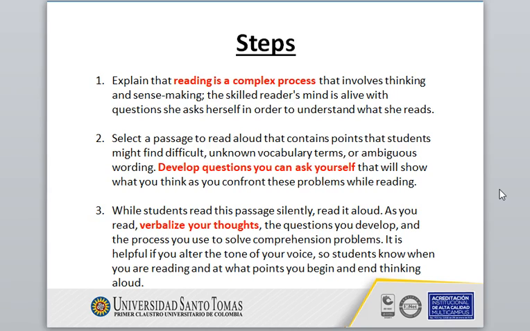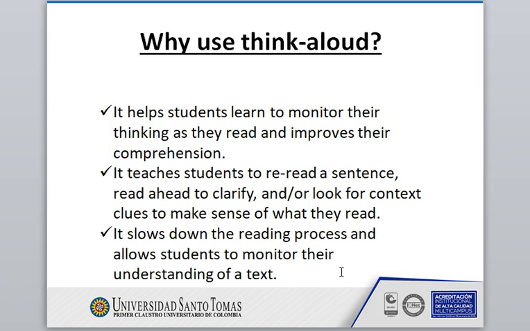And number three, verbalize your thoughts. While students read this passage silently, read it aloud. As you read, verbalize your thoughts, the questions you develop, and the process you use to solve comprehension problems. So this is how you take your students through the process. First, you model how to think aloud, and then you let your students do it on their own.